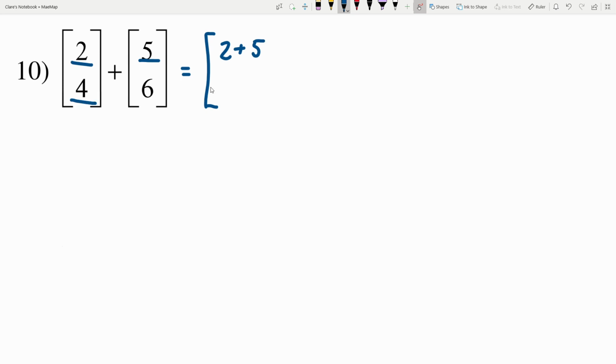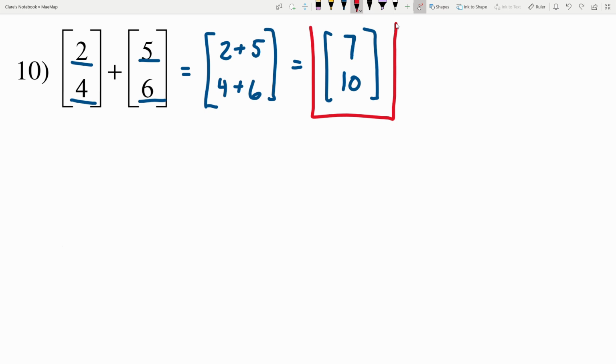Row 2, column 1 of 4, plus row 2, column 1, which is 6. Here we have our 2 by 1 matrix still. 2 plus 5 is 7, 4 plus 6 is 10, so this matrix, our solution, is 7, 10. 2 rows, 1 column, 7, 10.